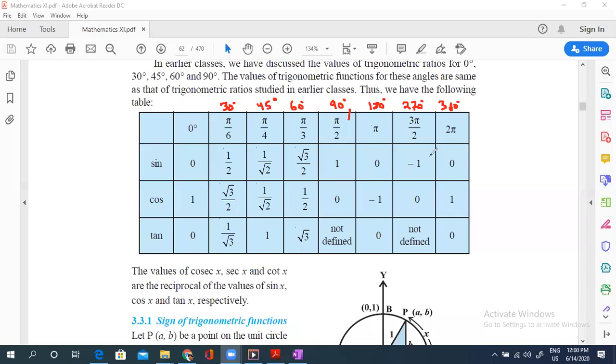And 3 pi by 2 to 2 pi, again it increased from minus 1 to 0. Got this? Yes or no? Cot 180, obviously it is 1 by 0 now. Whatever is 1 by 0, it will not be defined. It's written, see in the table. Okay?